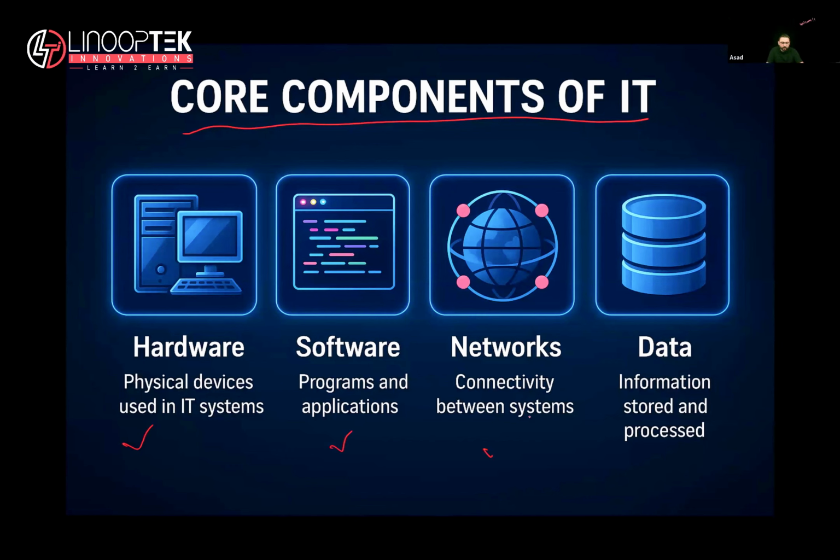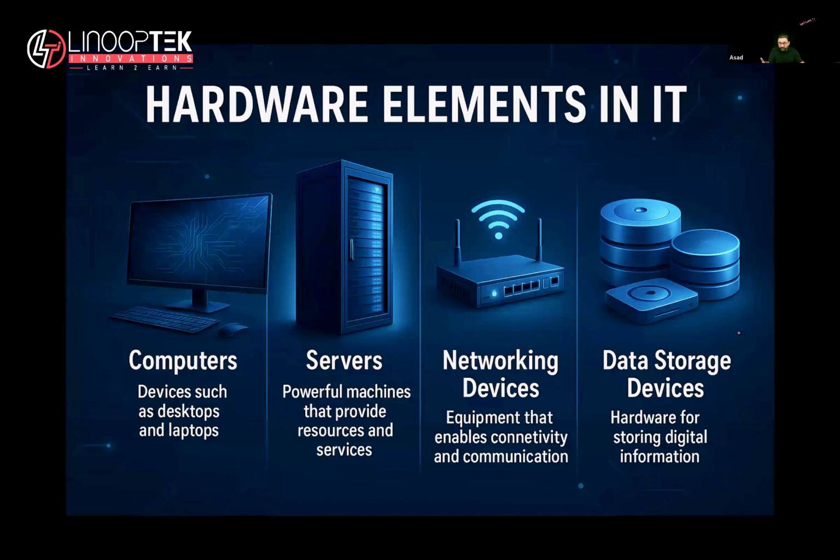There are networks that connect all of these computers and make the data and information available to you, and there's data which is being made available to you. Essentially, all these are the core components of IT, and we're going to go deeper into each one of these elements and break down how these components work. So this is where things get exciting. Now, like I said, we're going to drill down into each one of these categories.